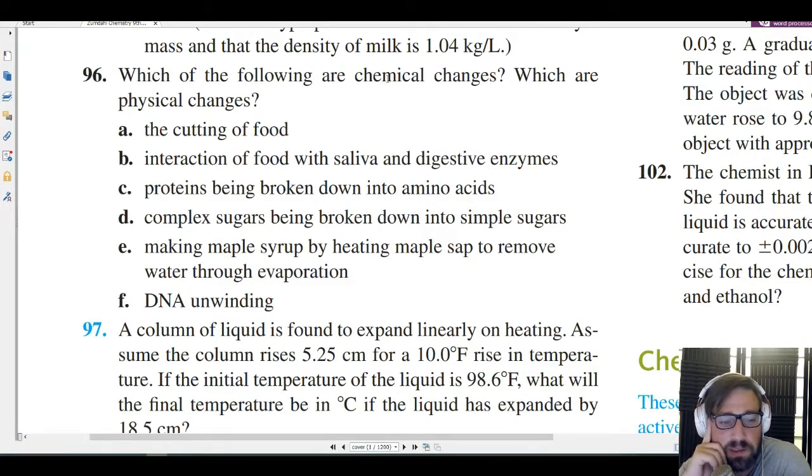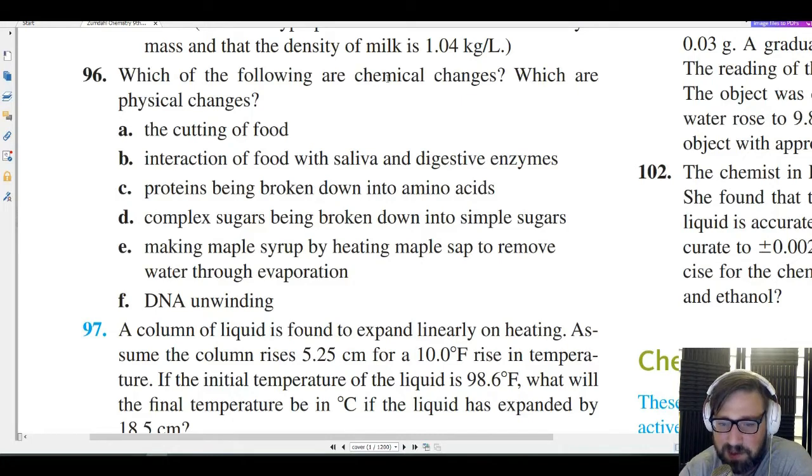It's tasty. DNA unwinding. Oy, oy, oy. This is where we get into a whole lot of technicalities and caveats. No, I would say that it is a physical change because no bonds are being made or broken, but there are a ton of intermolecular forces that are being made and broken.